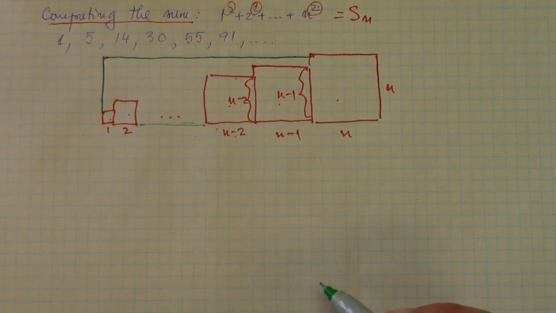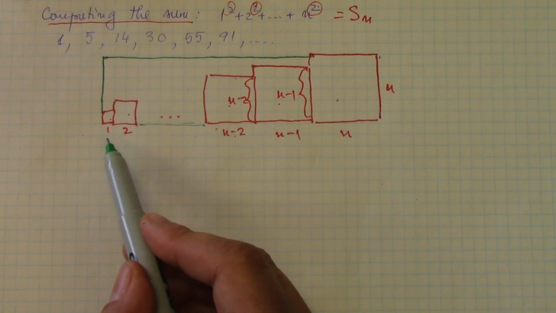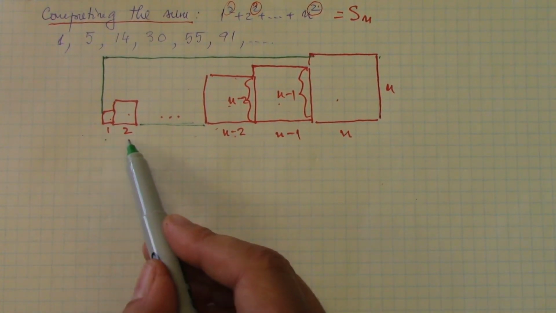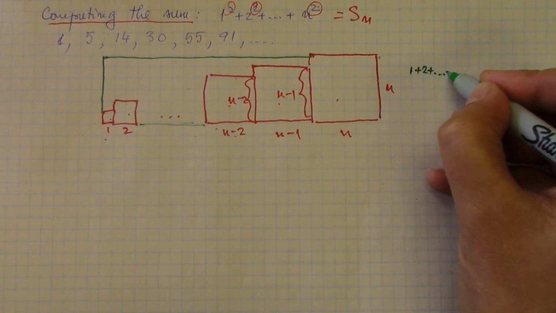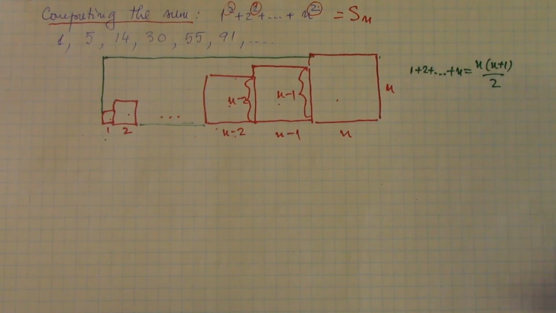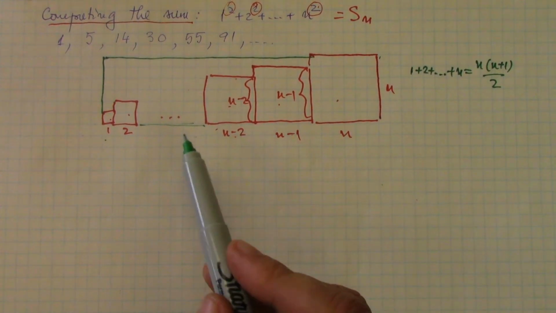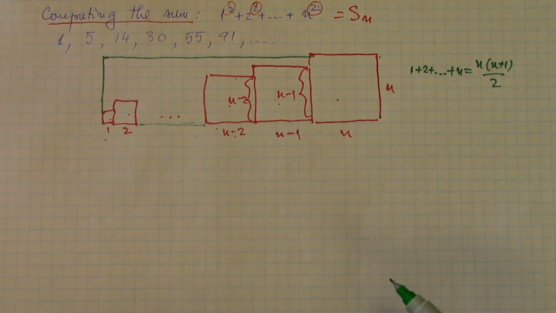So we've got a rectangle of width n, and the length of it is 1 plus 2 plus all the way up to n, which is just n times n plus 1, divided by 2. So at least we have a good understanding of this big rectangle.